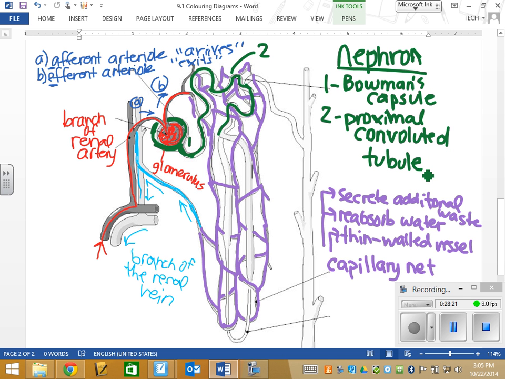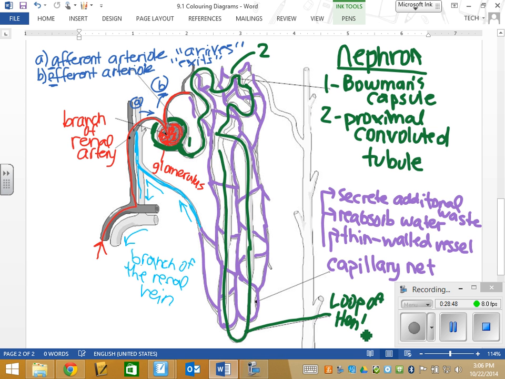Proximal because it's close to Bowman's capsule, convoluted because it's all twisty, and tubule because it's a tube. After the proximal convoluted tubule, you'll notice that the tube dips down and makes a loop. This part down here is the loop of Henle.